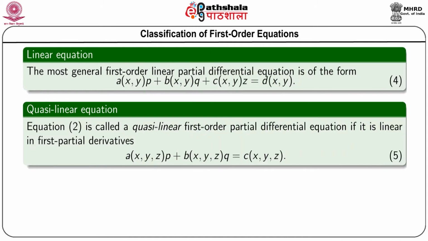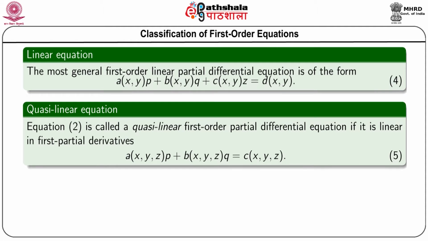Now, a first order differential equation is called linear if it is linear in its derivatives. So, the general form of a first order linear differential equation is given by equation number 4, where small p and small q are respectively ∂z/∂x and ∂z/∂y.